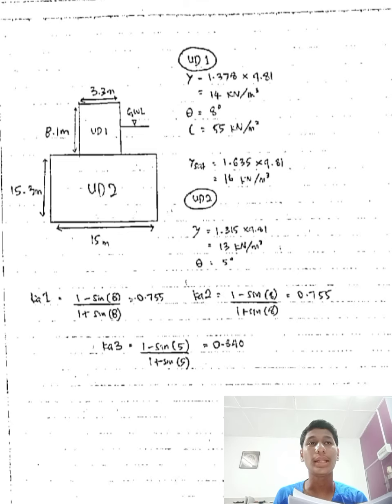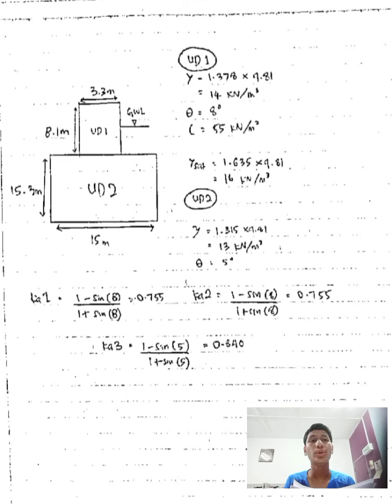For the tangent and cohesion is 55 kilonewton per meter square. Gamma saturated is 1.635 times 9.81. The total is 16 kilonewton per meter cube.